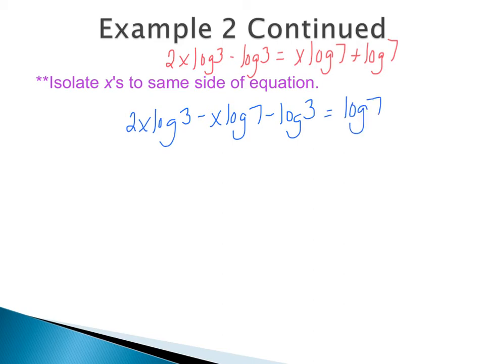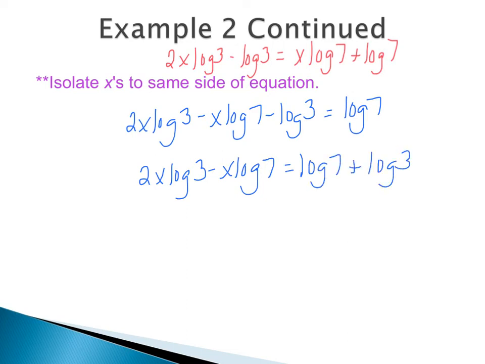And then next I'm going to move over my log of 3 because, like I said, I want to keep the x's on the left and the logs that don't have x's on the right. So I'm going to move over that log 3. So we have 2x log 3 minus x log 7 equals log of 7 plus log of 3.